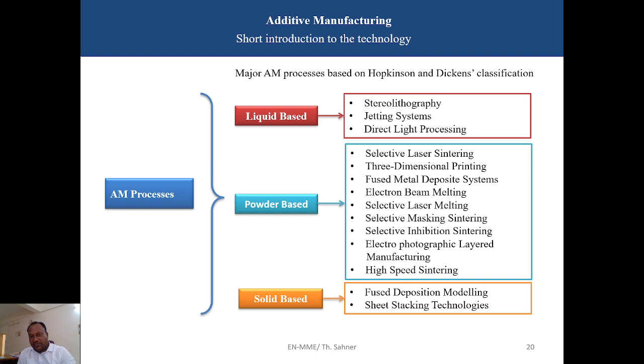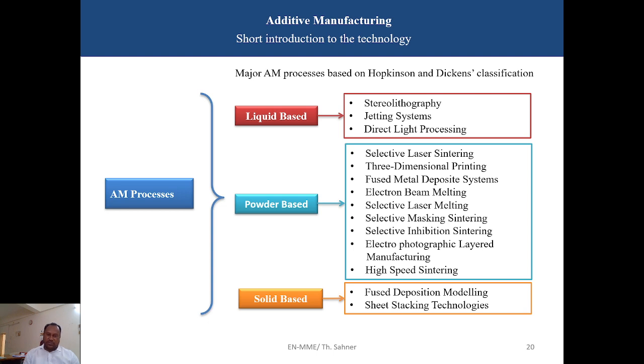So what are the classifications of CNC, sorry, additive manufacturing processes? There are basically three: liquid based, powder based, and solid based. Liquid based, as we are all aware, stereolithography is one of the major important points of additive manufacturing systems. And powder based is SLS, three-dimensional, that is selective laser sintering.